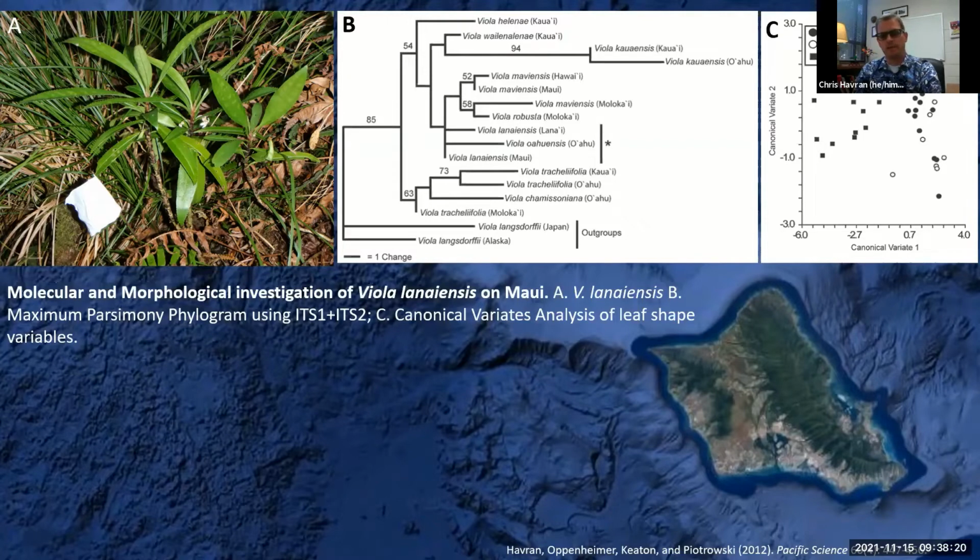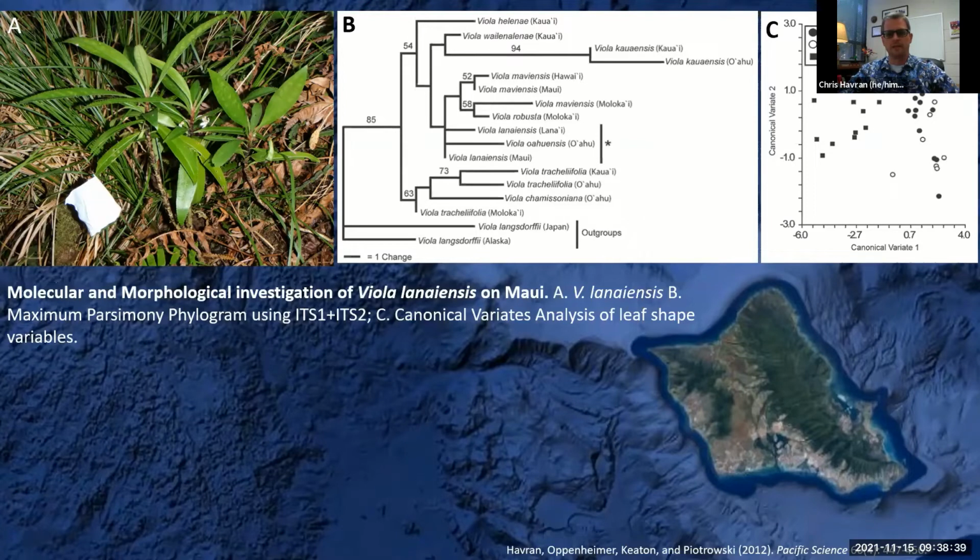So we followed that up with a morphometric analysis shown in C there of herbarium material of Lanaiensis and Oahuensis and newly collected material by Hank. Along that canonical variant 1 there, you see that line of dots going up and down the y-axis.